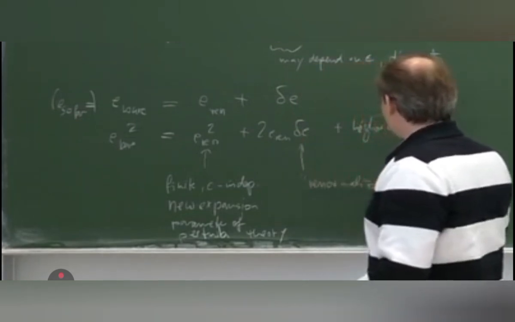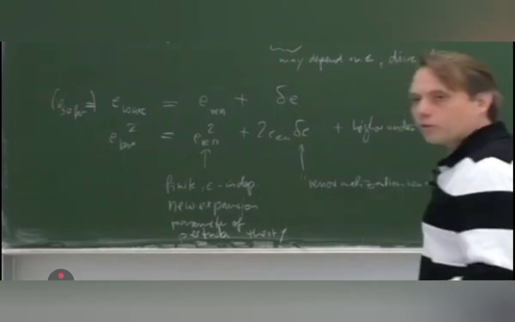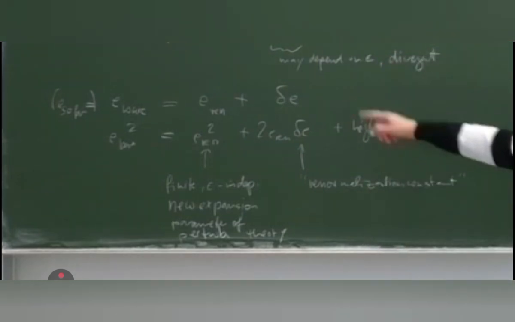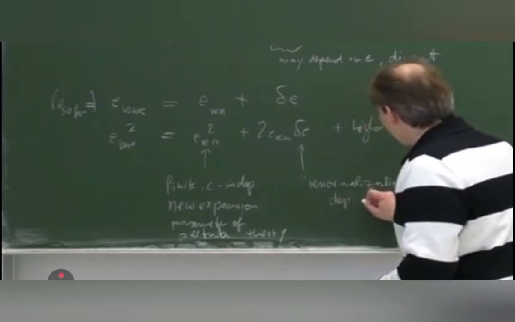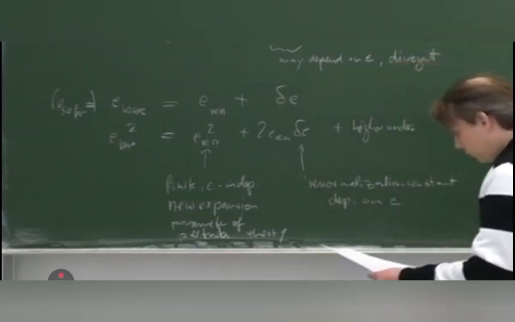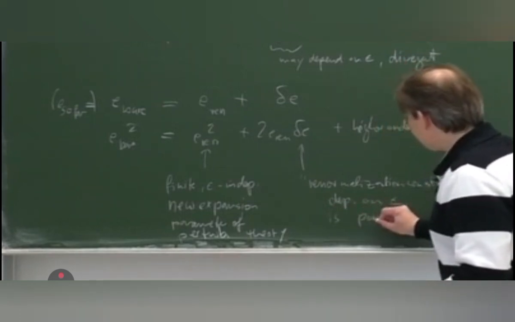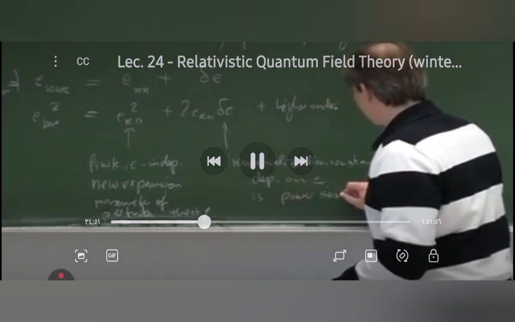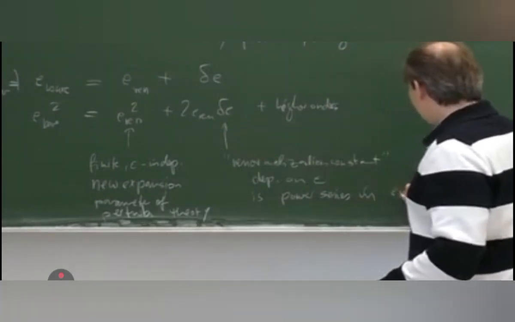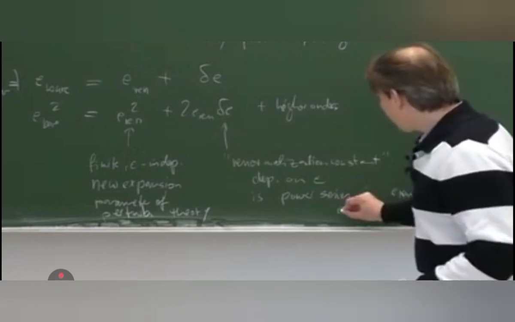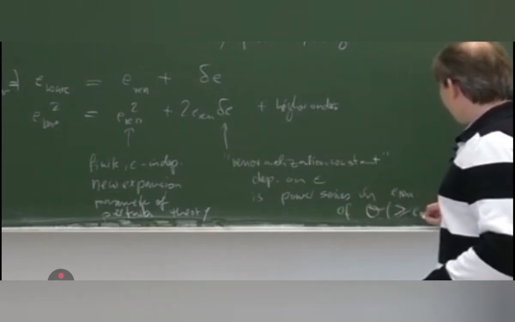The name constant is a misnomer because it depends on epsilon, but of course it doesn't depend on momentum and so on. So it depends on epsilon and is a power series in the renormalized charge, E renormalized, of order higher order than at least E square.